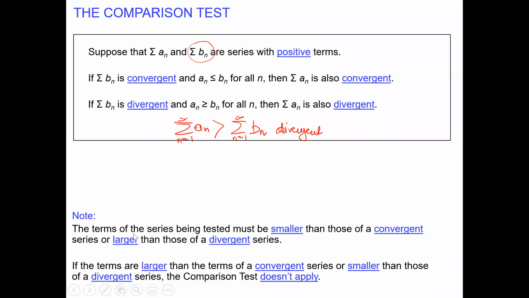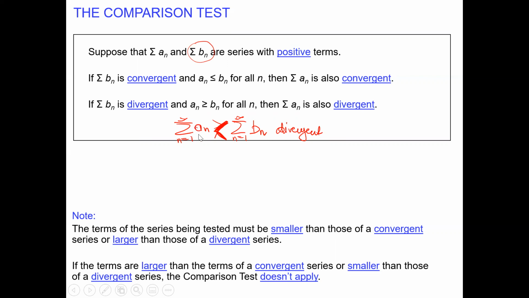We can see it's not possible if the terms are larger than the terms of the convergent series or smaller than the divergent series; the comparison doesn't apply. We have to always make sure, because if b sub n is divergent, for something that is smaller, we don't know.